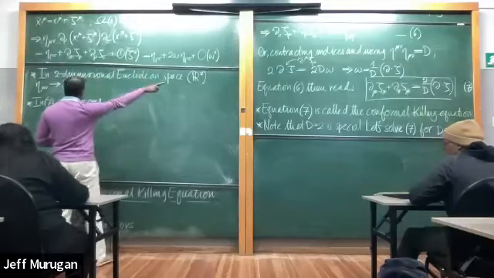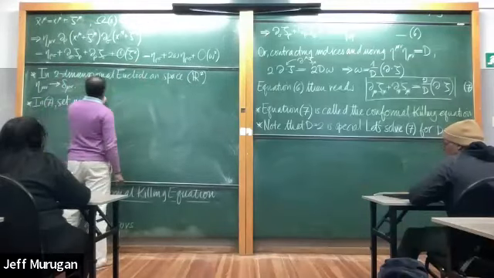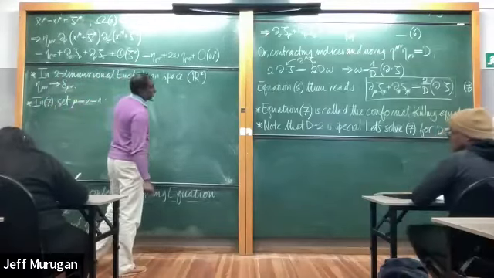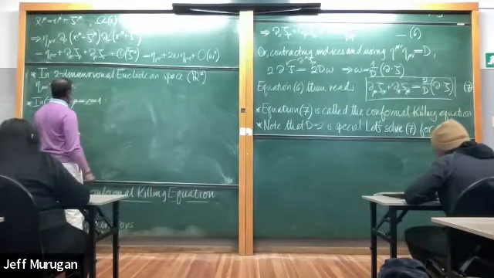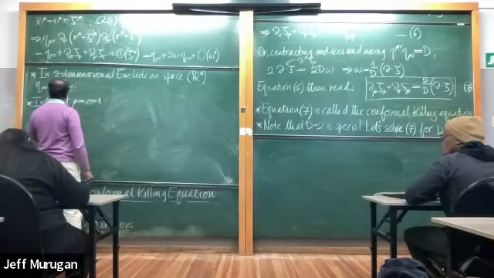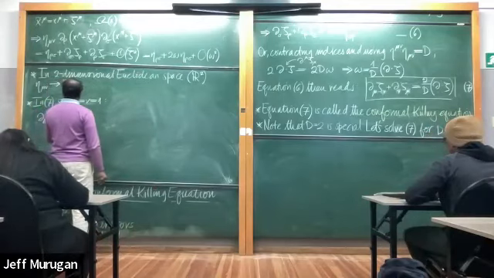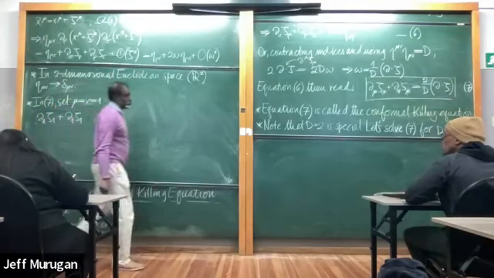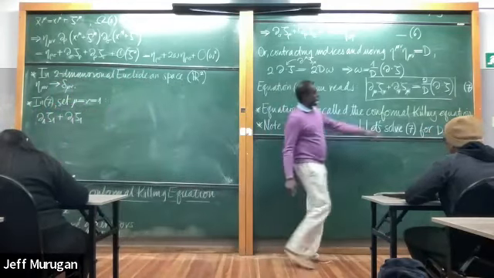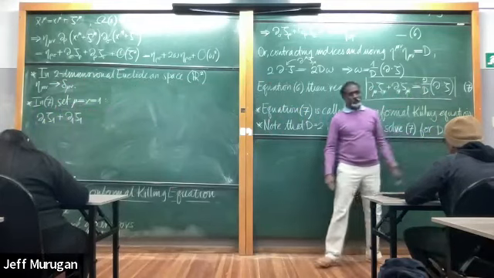Let's see what happens. On the left hand side, I get d1, that means d by dx1, of zeta 1, the first component of zeta, plus d1 of zeta 1. Okay. Since we've chosen capital D equal to 2, this factor cancels out.